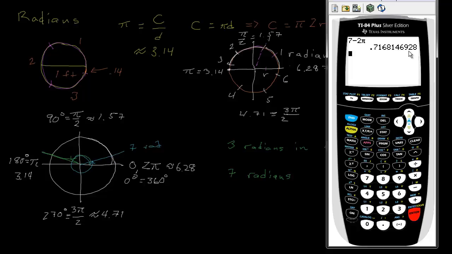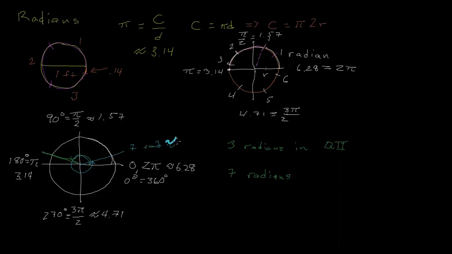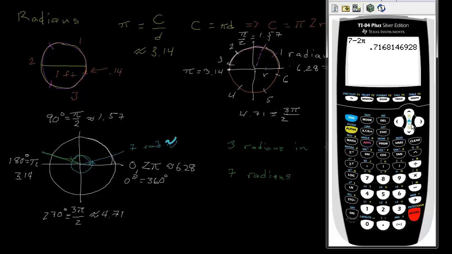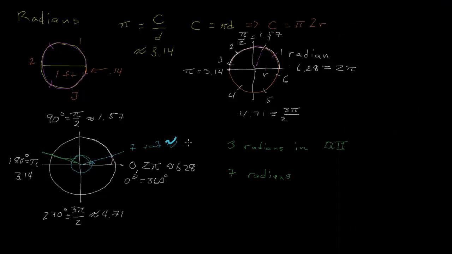You get a lot of decimals if you're using your calculator, but the point is that this little arc here, 7 radians, is coterminal with about 0.72 radians.